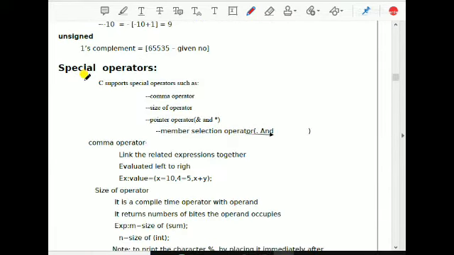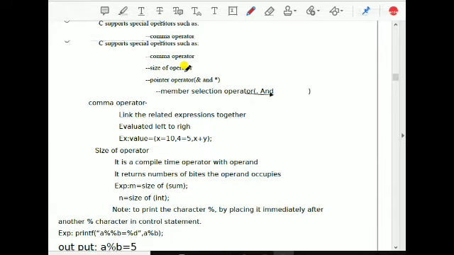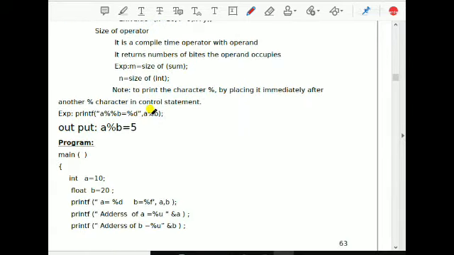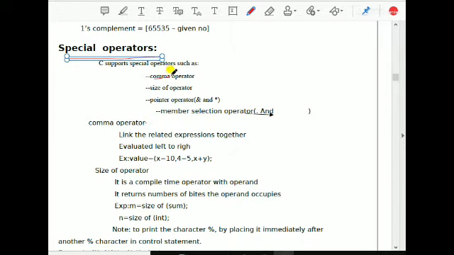And again, special operator. We use special operators many times, but we don't know that they are called special operators. See, the special operator is nothing but the comma. Comma operator, sizeof operator, pointer, and address are called special operators.